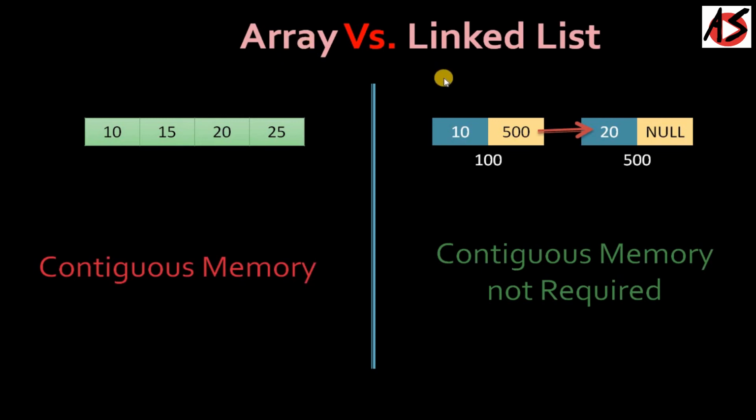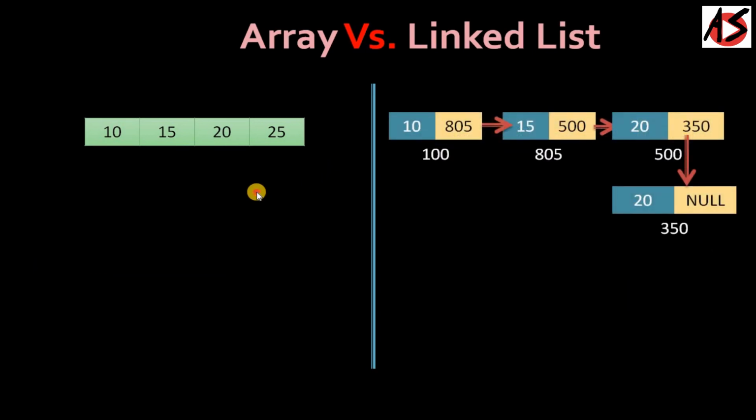But in some sense, array is better than the linked list. Let's see that. Arrays have a direct element access. That means in array, if you want to access the third element, you can calculate the address of third element directly.